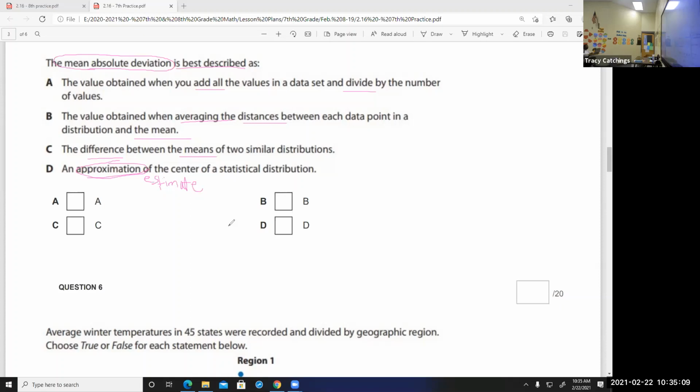Now, earlier I told you to write down 3 steps on how we find the MAD. Anybody got them 3 steps? Find the mean. So that's finding the what? The average. You gave us keyword. So what's our answer? Think about what you just said. Average of the values. What else?